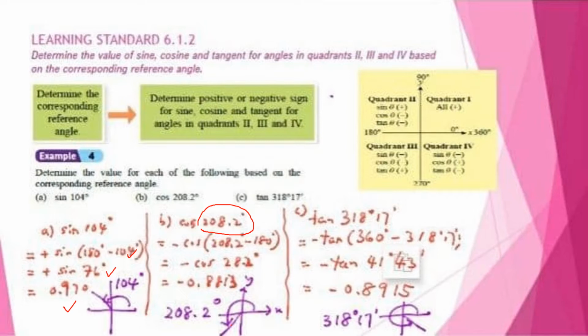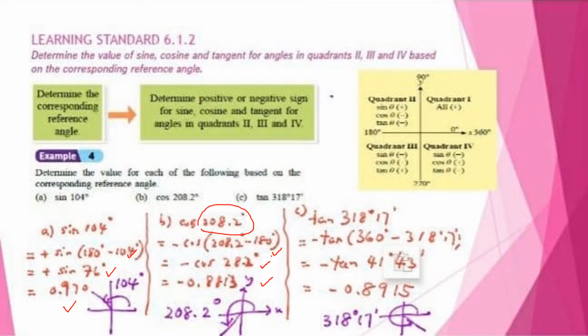So cos 208.2 degrees is equal to negative cos 208.2 degrees minus 180. From there you get negative cos 28.2 degrees, and negative 0.8813.